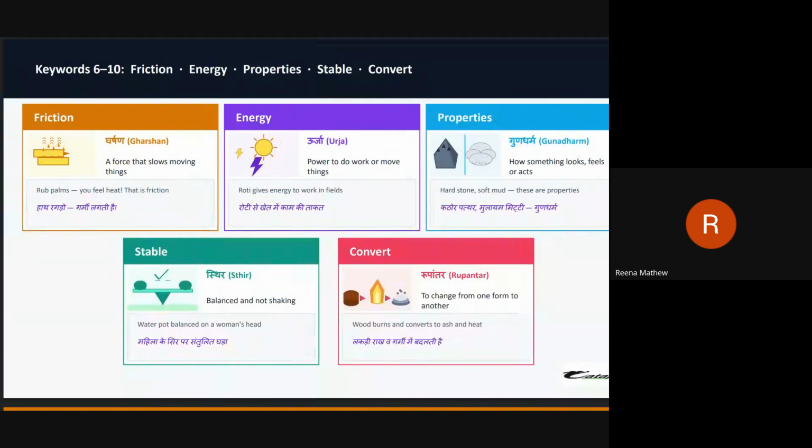Like how you say energy is converted from one form to another. Or the wood burns and it converts to ash and heat. Ice is converted into water when heated. Very good. Milk is converted into curd.